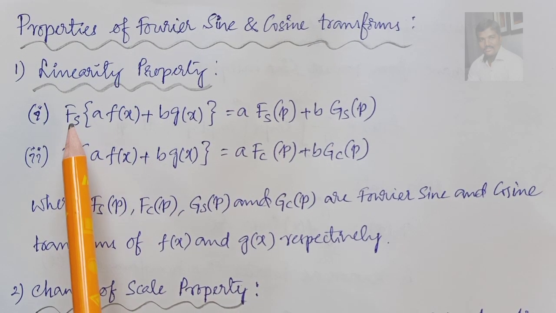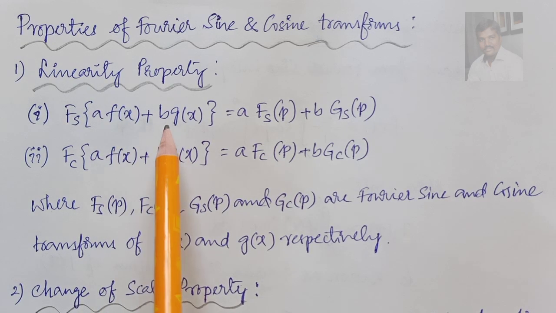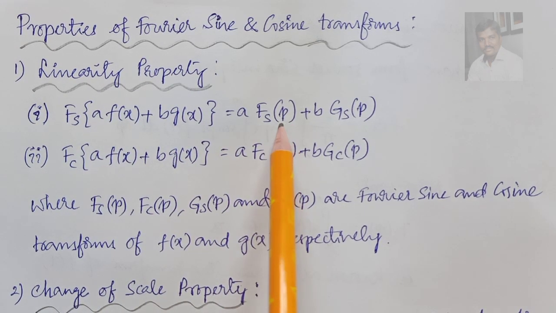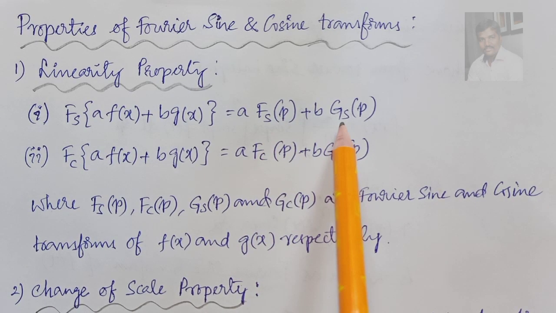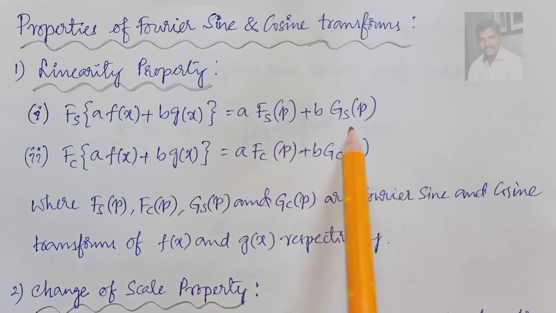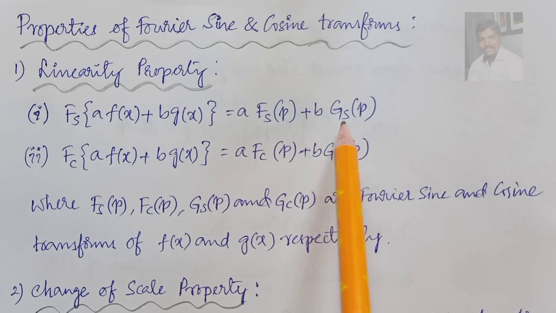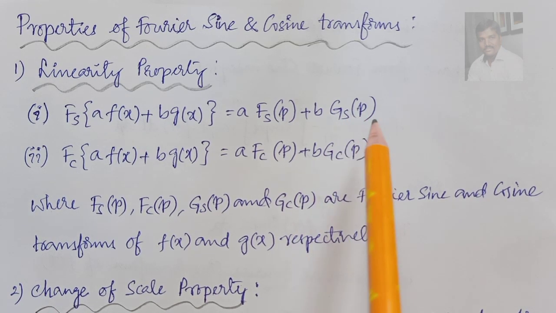Fs, the Fourier sine transform of a into f of x plus b into g of x, is equal to a into the Fourier sine transform of f of x, plus b into Gs of p, which is nothing but the Fourier sine transform of g of x.